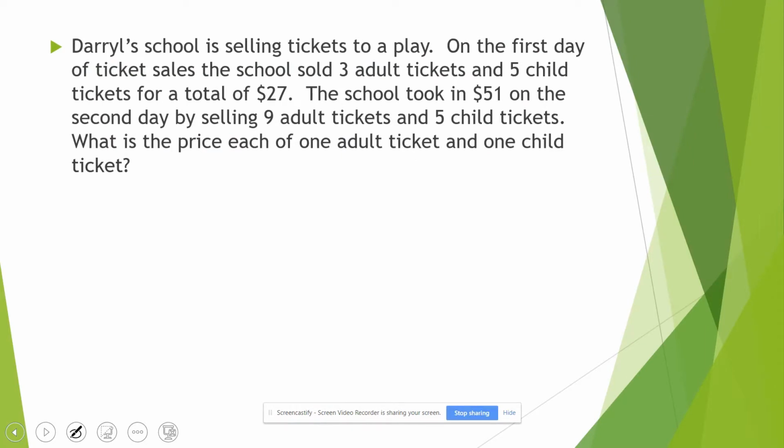Now we're going to talk about Daryl selling school play tickets. I'm going to go to the very end of the problem, and they're asking us the price of an adult ticket and a child ticket. So I think I'm going to use A for the adult ticket and C for the child ticket.